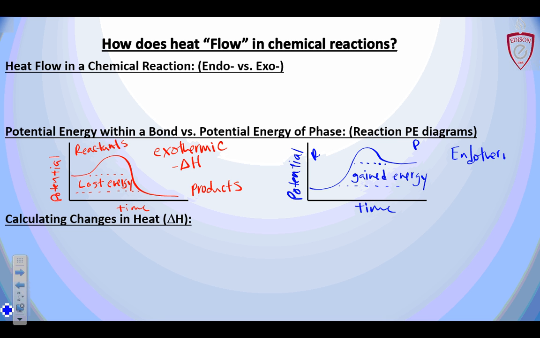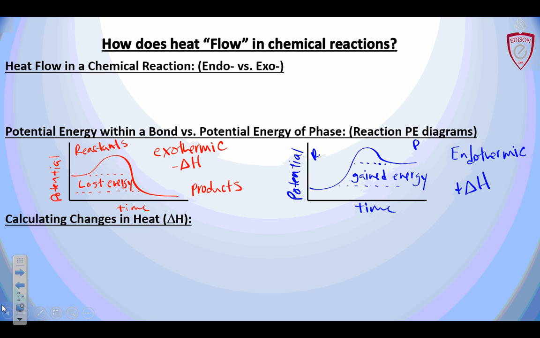It will have a positive delta H. Notice the product side is higher than the reactant side as far as energy, so you had to gain energy to get up to the new stuff. This would feel cold because it's going to suck energy out of the environment around it. If you put your hand around this test tube, it would take the energy from you, and it would feel cold because your heat is leaving you.